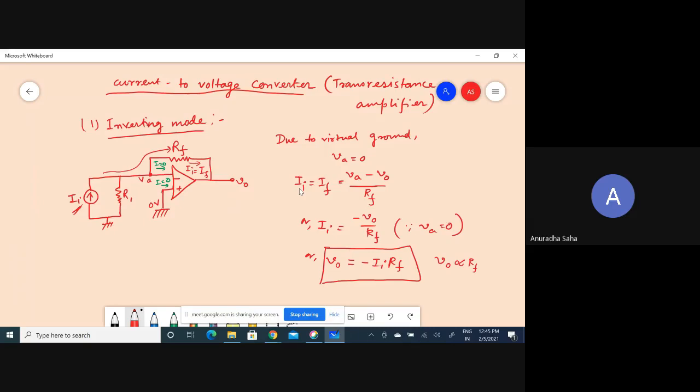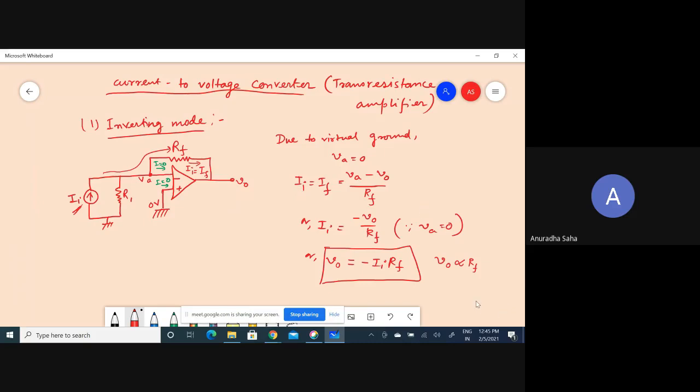And you can see it is directly proportional. So in whatever manner we change this Rf, VO will change accordingly. So this is one circuit using the inverting mode.